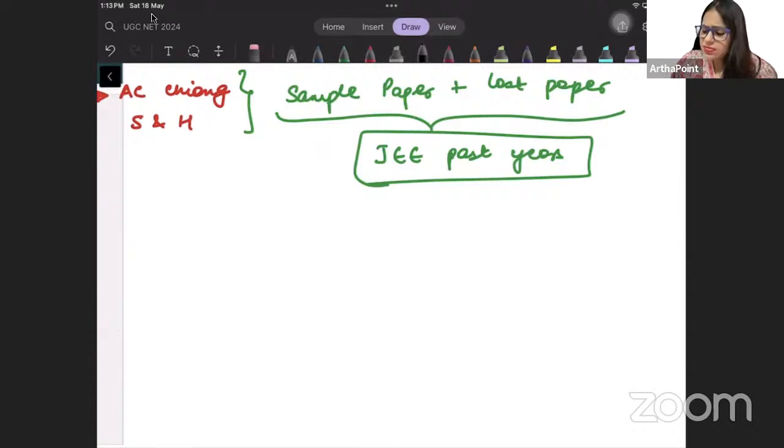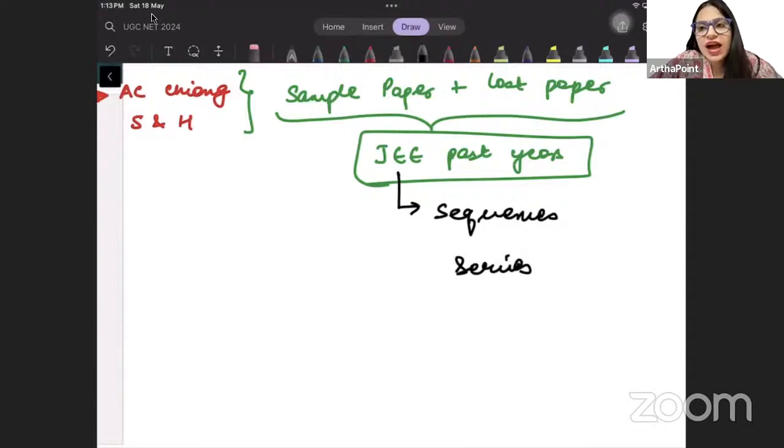And in this maths, especially from sequences and series, you will notice that a lot of questions are class 12th IIT JEE level. So you have to make sure that you go back to RD Sharma, go back to these IIT papers, and try to solve these questions also.